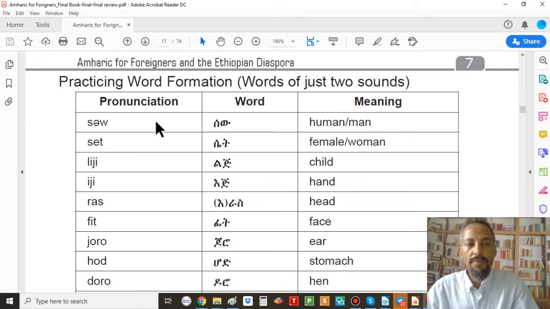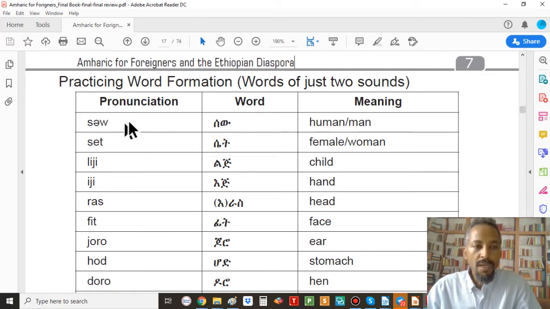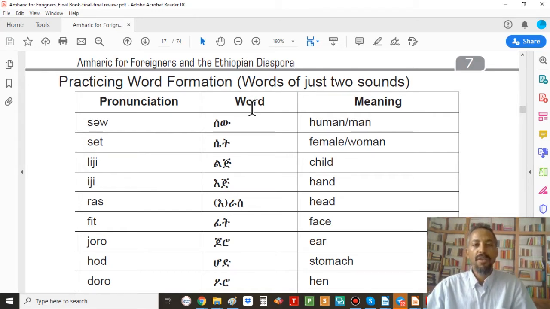So let's proceed with the two-sound words. In the first column you have the pronunciation, in the second column the Amharic word in Amharic characters, and the third column is the meaning in English.